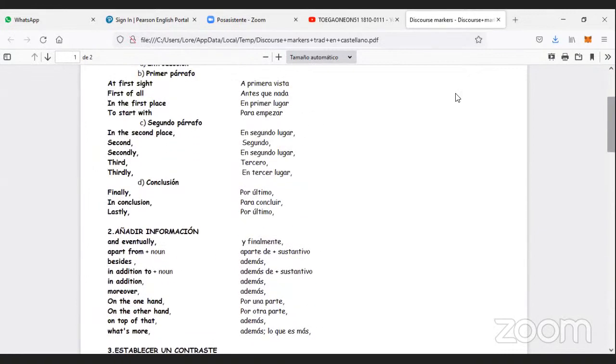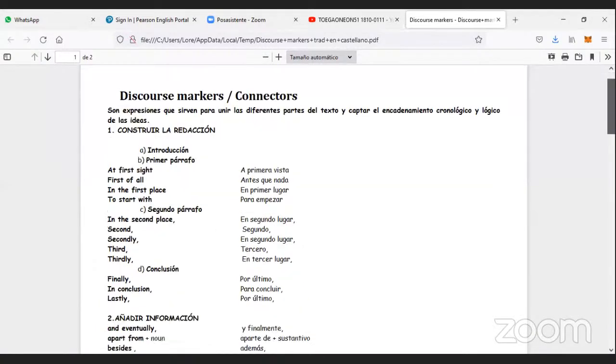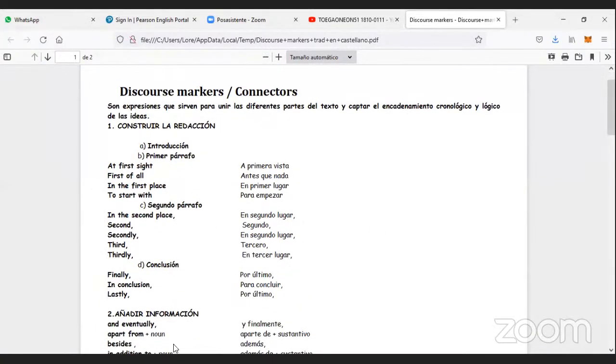And the last part is when we have the conclusion. You could use finally, lastly, in conclusion, for making the reader understand that it's the end of the paragraph. Okay, so you could use these PDFs, Gabby, in order to practice your writing skill right now.